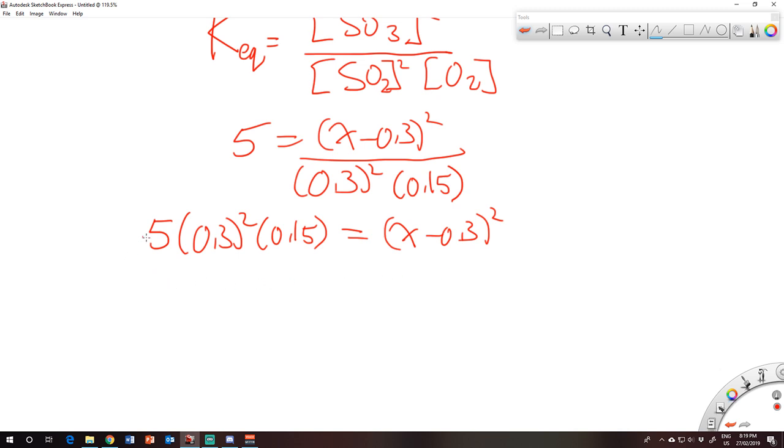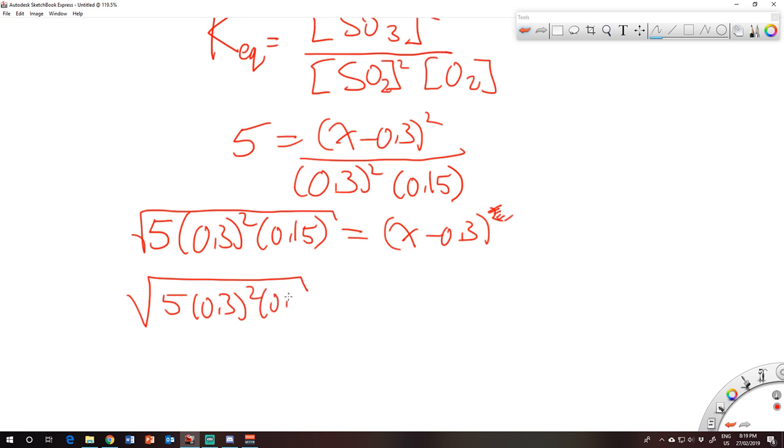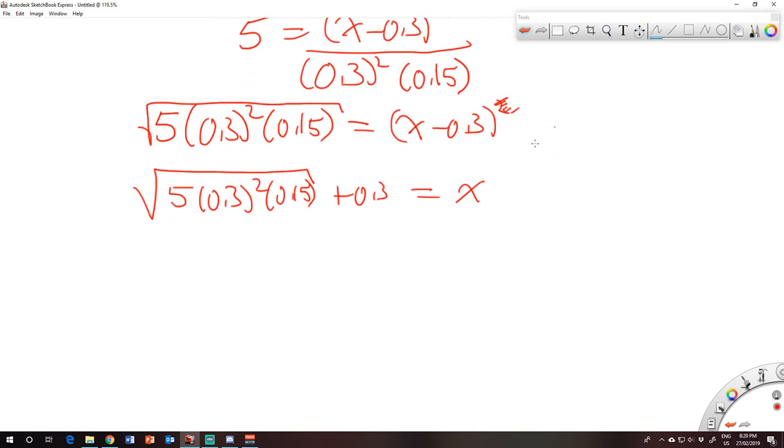I can square root everything to get rid of the square, and then add the 0.3 to the other side so I can get x by itself. Then we throw that into our calculator. Let's see what we get. I should throw this into scientific mode.